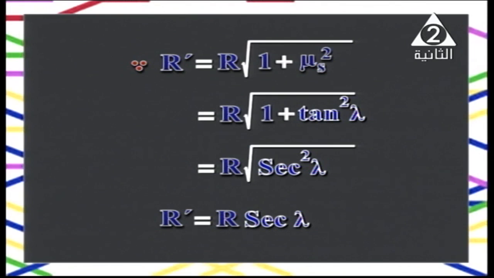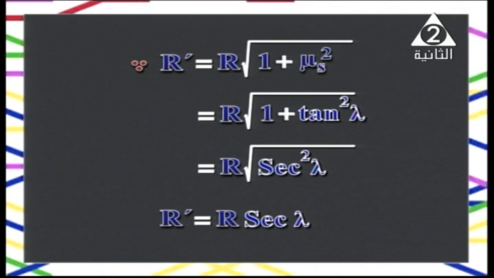This is the relation between R dash and R and the angle between them. What is the relation between R dash, R and the angle between them? Resultant reaction R dash equals the normal reaction R multiplied by sec of the angle between them.